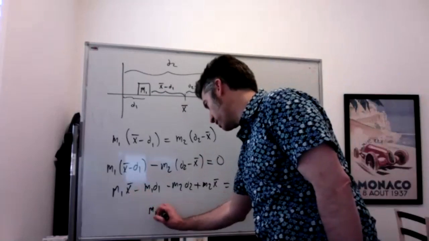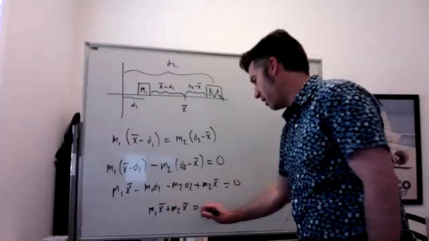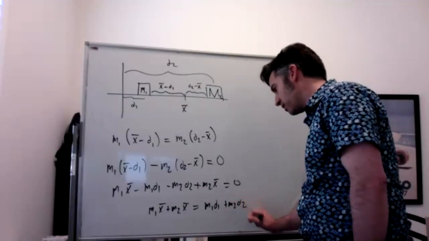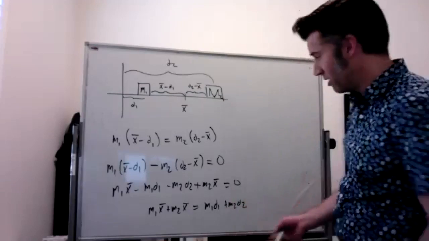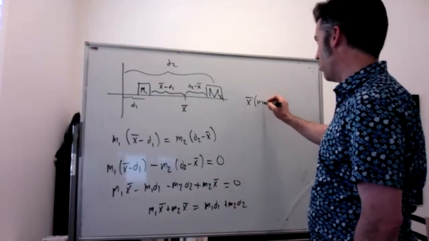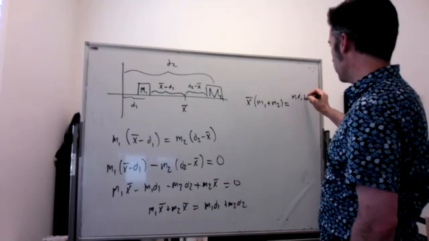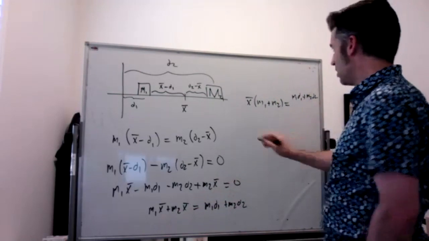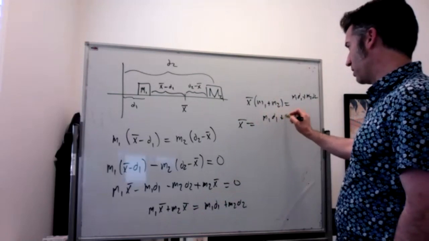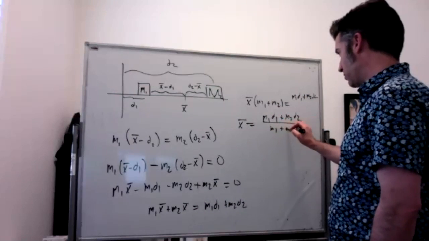So M1 x bar plus M2 x bar equals M1 D1 plus M2 D2. Factoring out the x bar, you get x bar times M1 plus M2 equals M1 D1 plus M2 D2. And then finally, x bar is equal to M1 D1 plus M2 D2 over M1 plus M2.